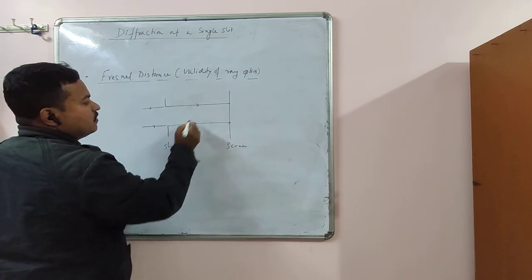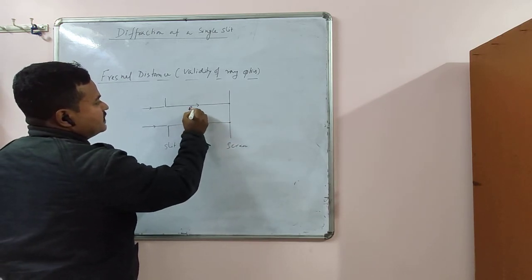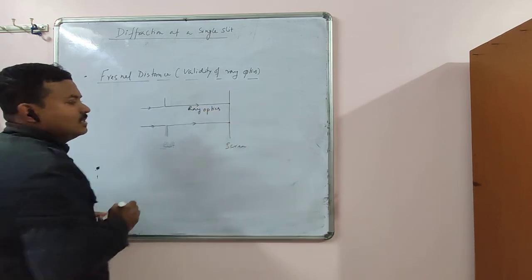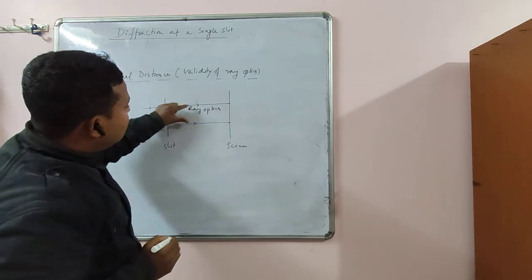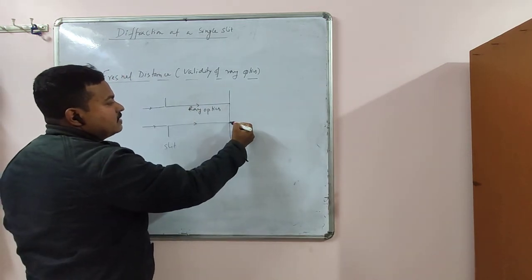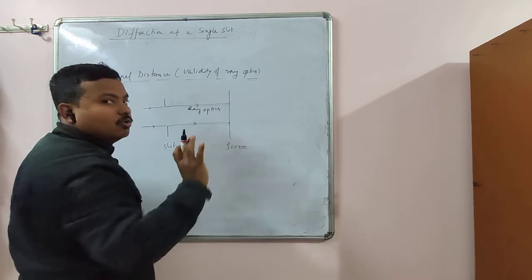So this is the case of ray optics. If we assume light travels in a straight line, then you will get light only in these regions, and here and here you will get no light.